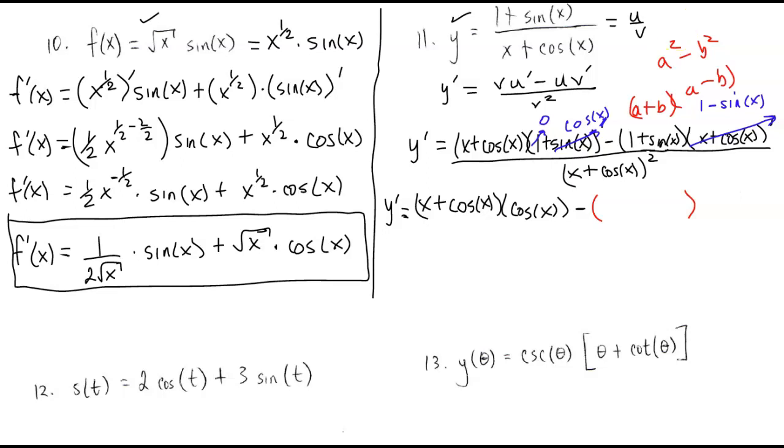Now for our a here, we see that a is going to be 1, so 1 squared is just 1, minus b is sine, so we're just going to say that that's sine squared. And we take all that divided by what our denominator was again.